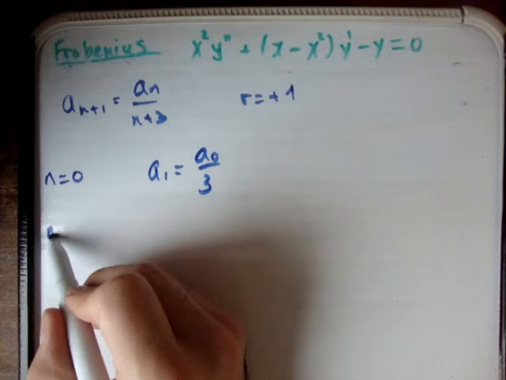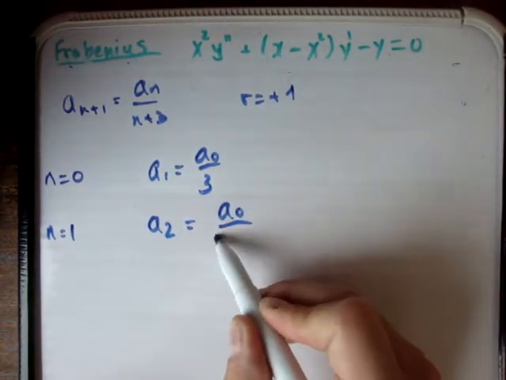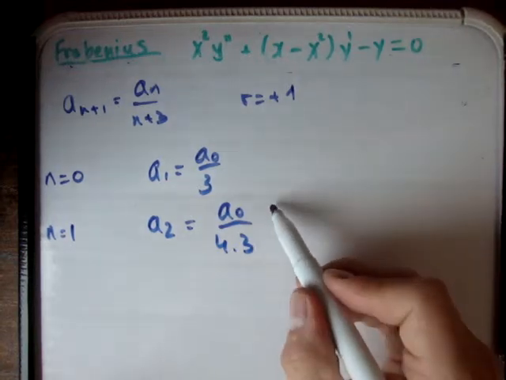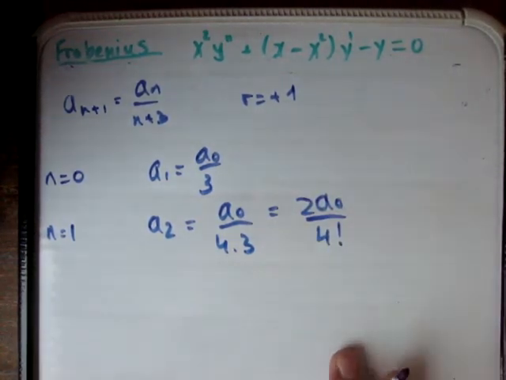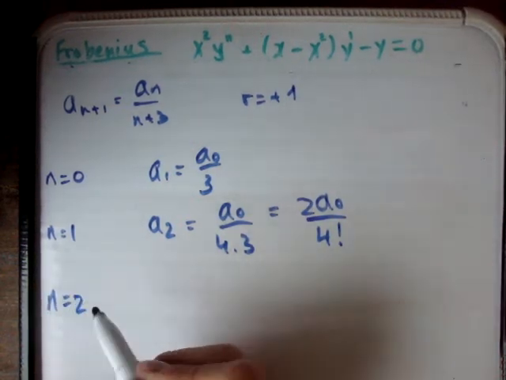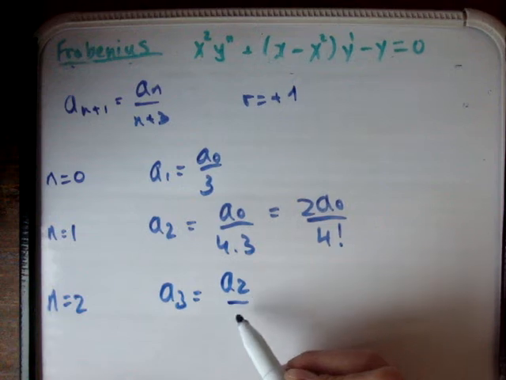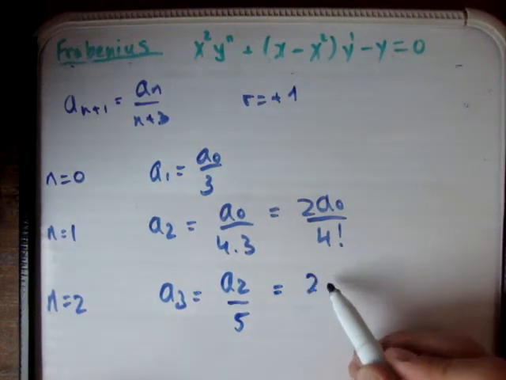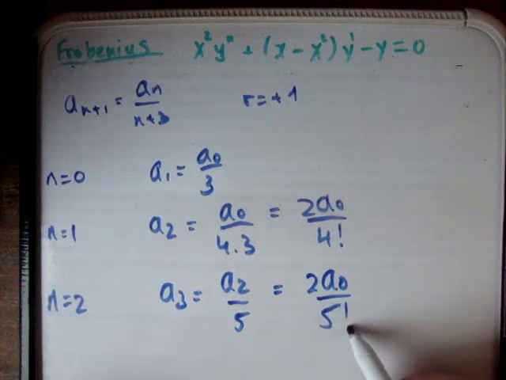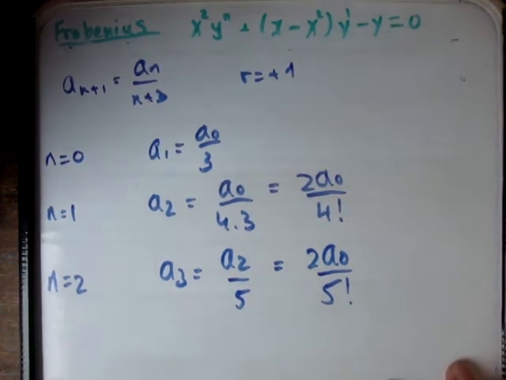For n is equal to 1, a2 is equal to a0 over 4 times 3, which is equal to 2a0 over 4 factorial. For n is equal to 2, a3 is equal to a2 over 5, which is equal to 2 times a0 over 5 factorial, when you plug in the values you've already worked out.